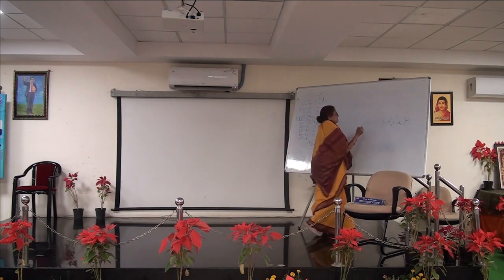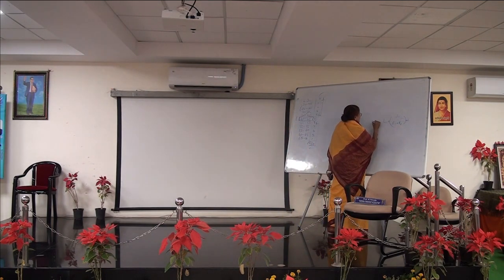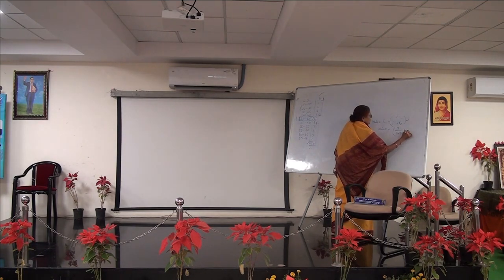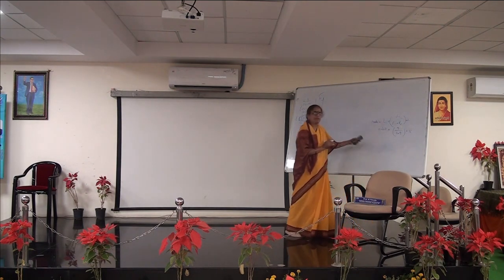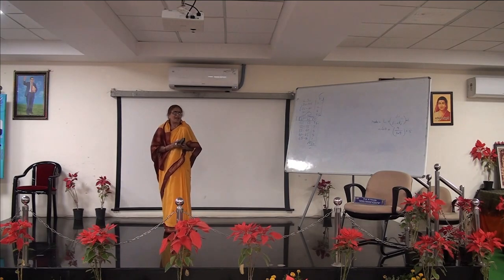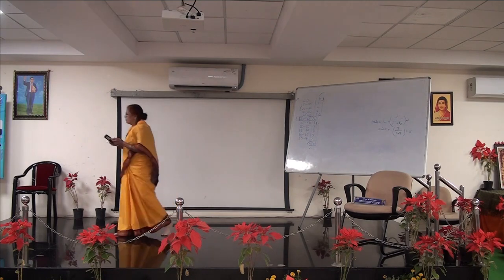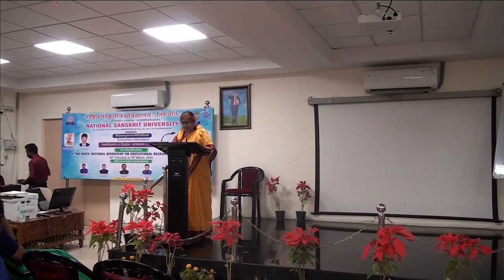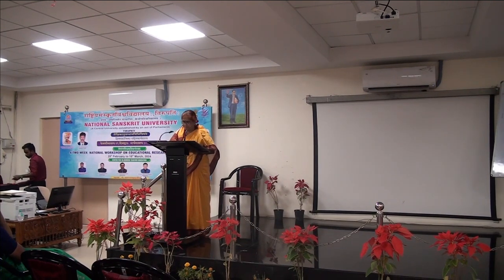So substitute the values in the formula: L is 40 plus 9 by 8 plus 9 into 5. By simplifying this, you will be able to find out the value of the mode. So this is how we compute the measures of central tendency for grouped and ungrouped data.